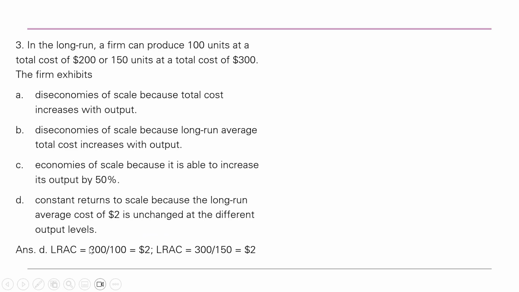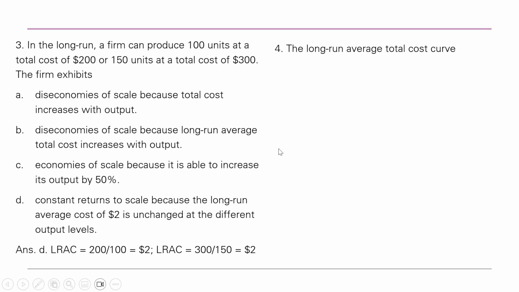So long run average cost at 100 units of output is 200 divided by 100, or $2. And long run average cost at 150 units of output is 300 divided by 150, also $2. So this is constant returns to scale. The average total cost stays constant as the firm moves into either a bigger or smaller plant.